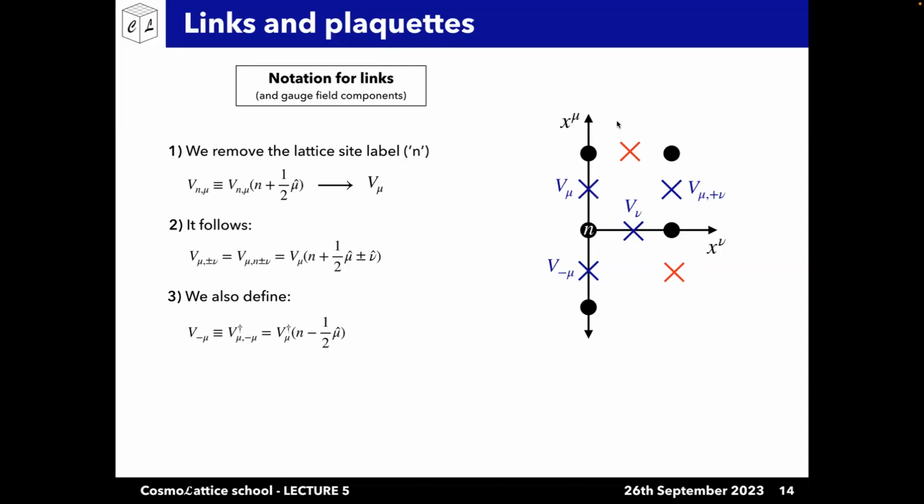This one is like taking B of nu and pushing it one step towards the x mu direction, right? So this is gonna be B of mu nu. And then this one is like taking B minus mu and pushing it towards the nu direction. So this is going to be B of minus mu nu.